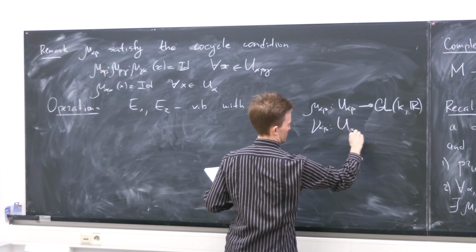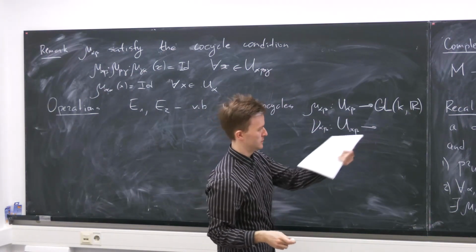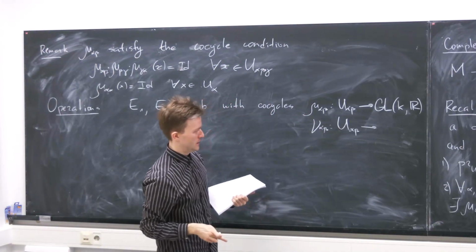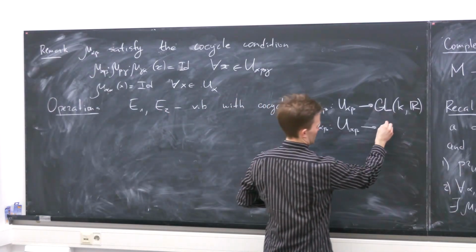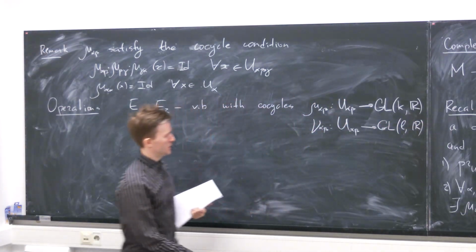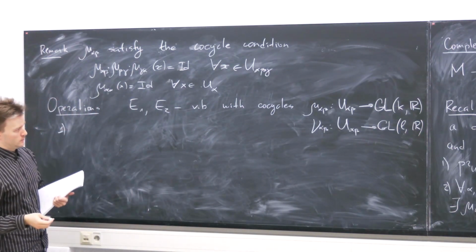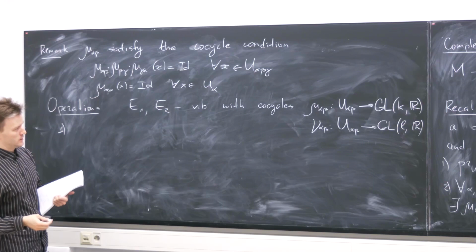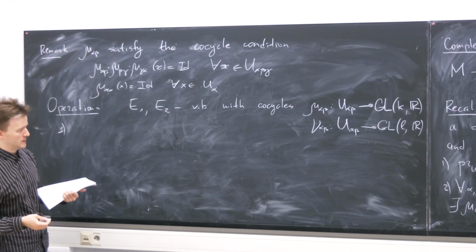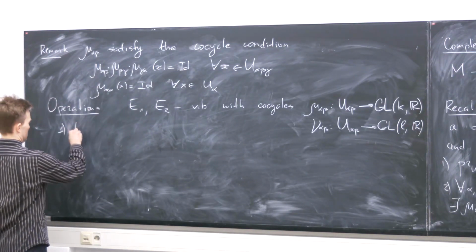If we have two vector bundles, we can always take a refinement of this open cover so that both co-cycles would be defined on the same cover. So then what can we do? We can do all the operations that we can usually do with vector spaces. So for example, we can take the dual of E.